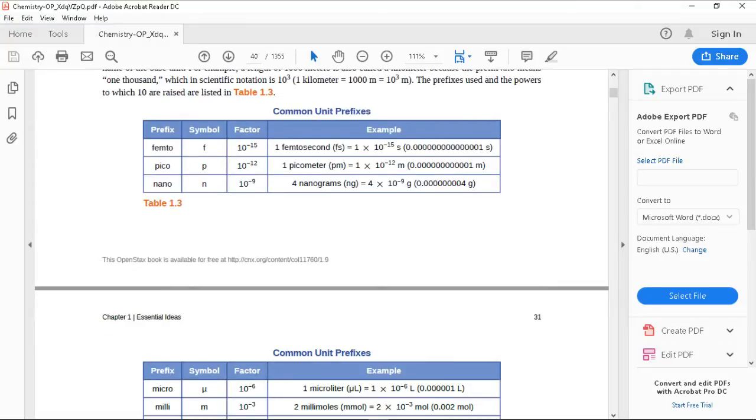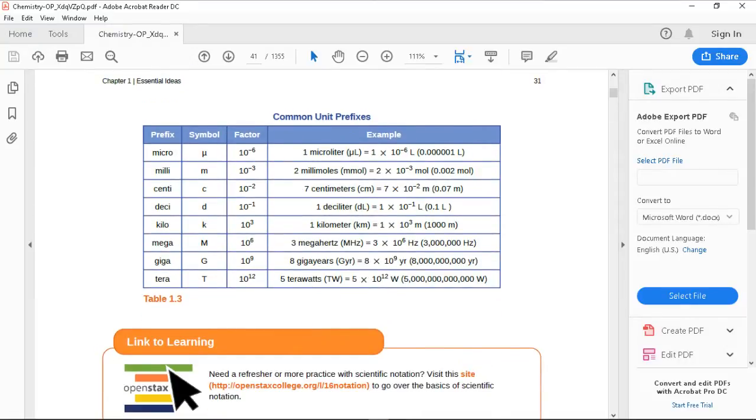Anyway, these are really small numbers. A femtosecond is 1 times 10 to the negative 15 of a second. That's short. These are the small numbers.